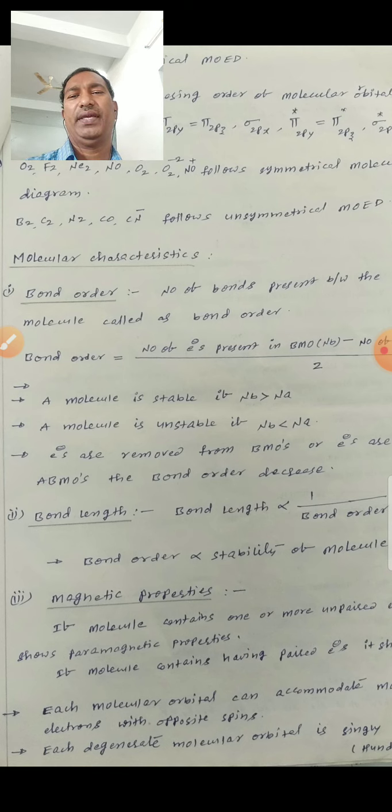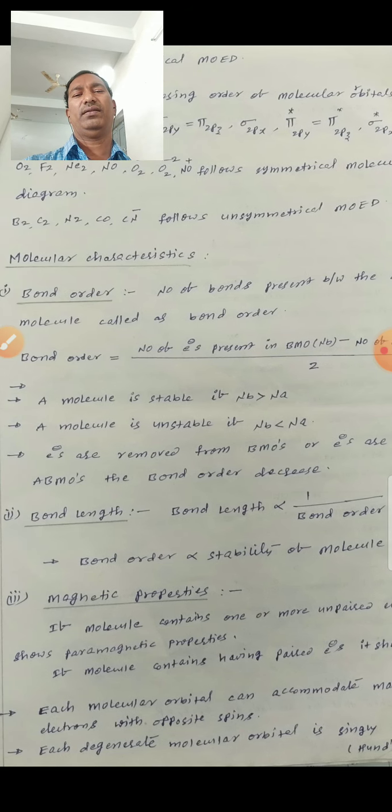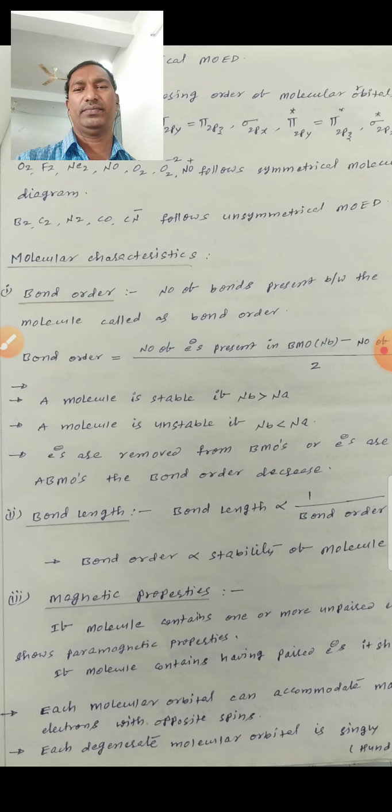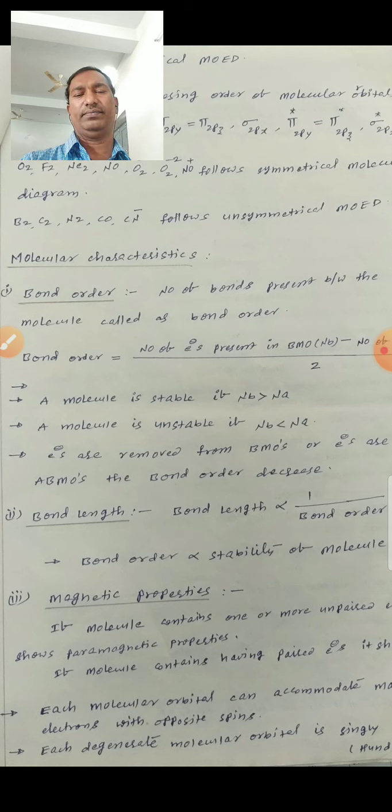Next, boron, carbon, nitrogen, carbon monoxide and CN minus follow the unsymmetrical molecular orbital energy diagram. We have to remember these molecules.